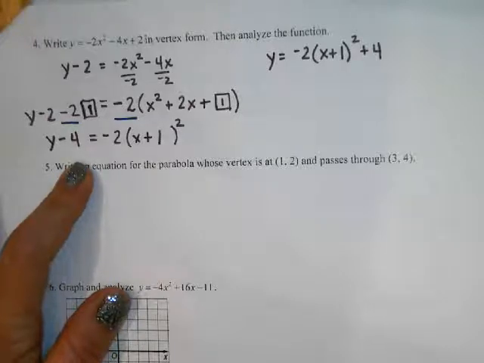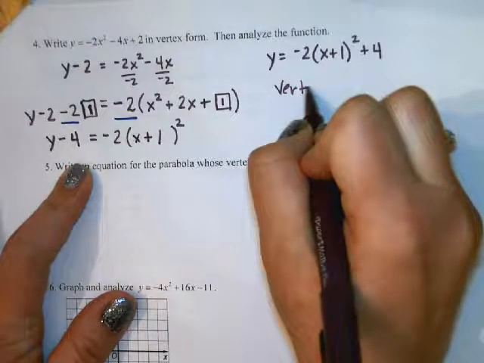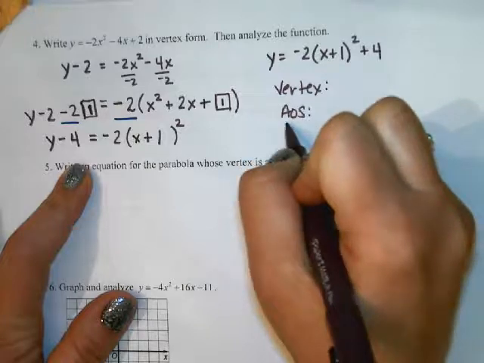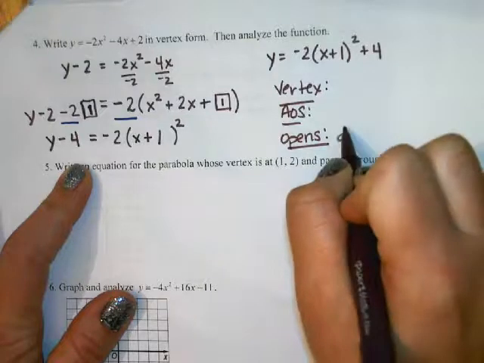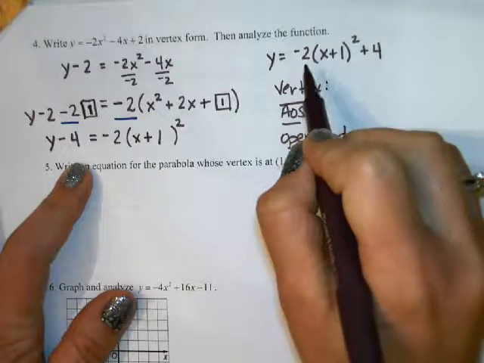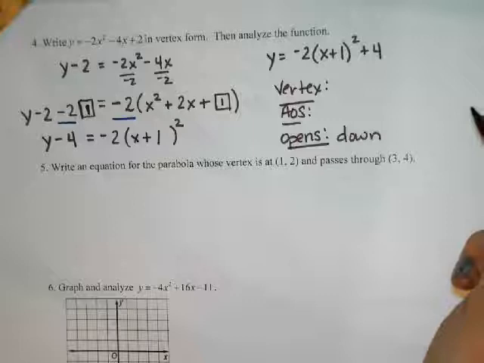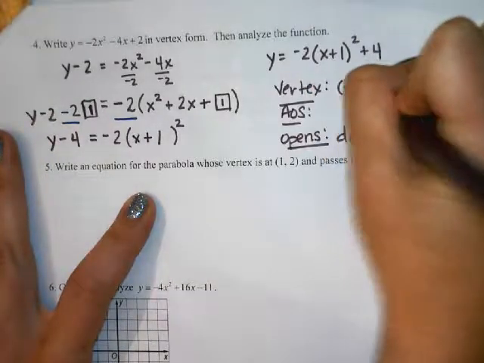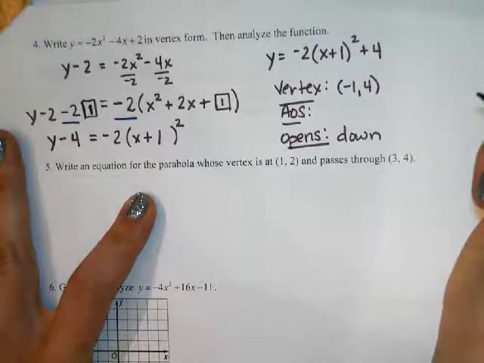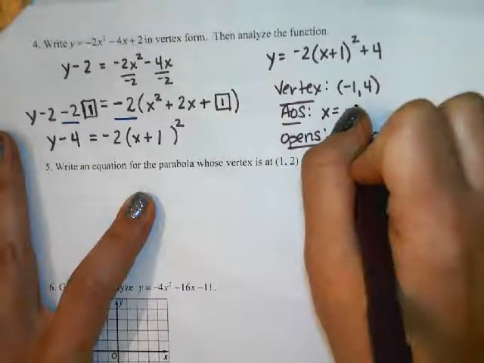All right, we already determined he opened down first because I had a -2 out front. Okay, so where's my vertex? Anybody want to take a stab? -1, 4. Awesome, thank you. And the axis of symmetry? X equals -1.